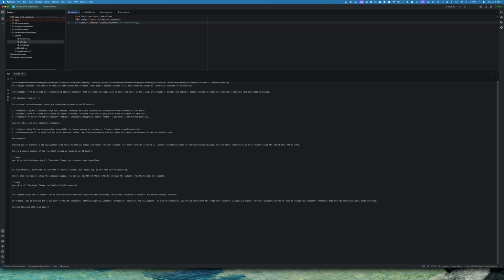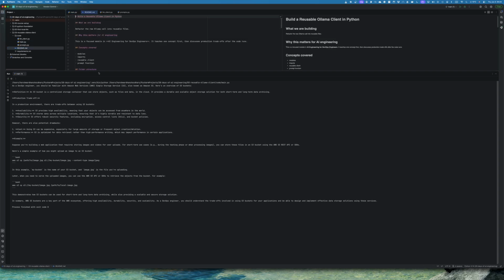All right, we get the response in the same template as we asked, defined in the prompts file, and we see the definition and production trade-off, but actually there is no production trade-off, so the prompt is not understanding the context. But still, we get cost, performance, and so on, which is nice and useful. So that kind of sums up this whole video.